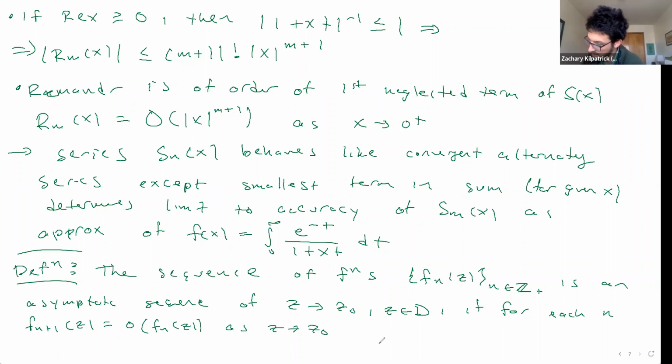In other words, f_{n+1} is much less than f_n as z goes to z0. So naturally, examples would be 1, epsilon, epsilon squared, because the next term in the series is always little o of the previous one. It should be smaller than the previous one.